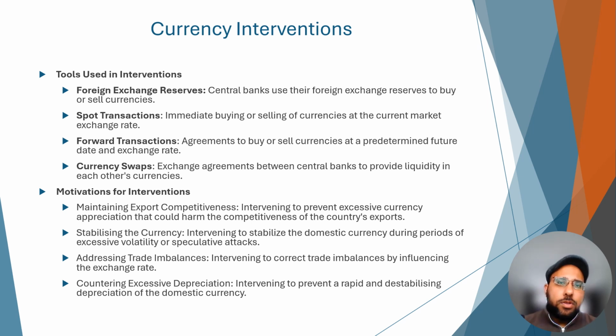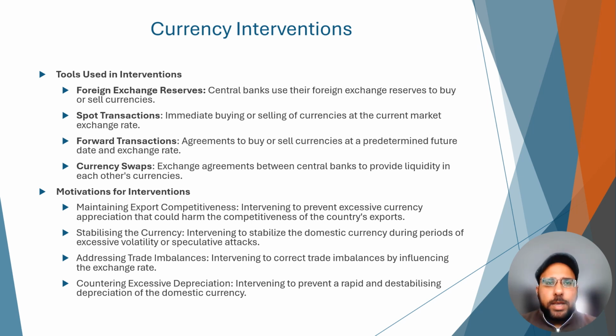They're often used to provide liquidity in the markets without selling off a huge amount of reserves, or just to influence the exchange rate over a specific period of time. So these tend to be the more common ways in which currency interventions are used, and how central banks traditionally go about it.